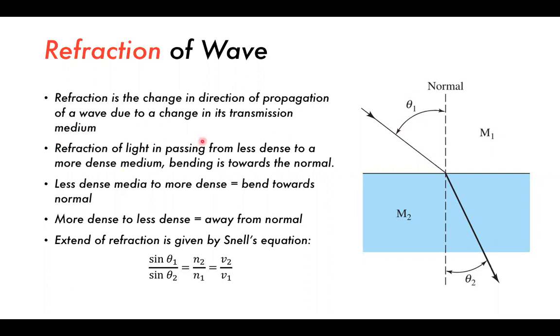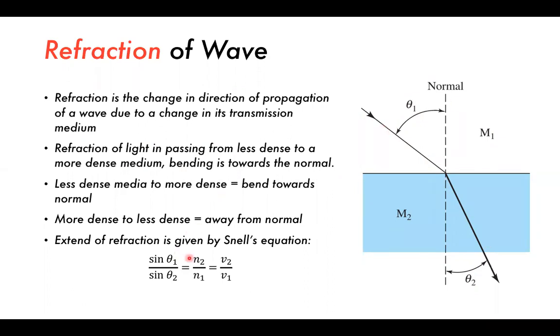So the refraction of light in passing from a less dense to a more dense medium results in bending it towards the normal. Less dense, more dense, bend towards the normal. More dense to less dense means bending away from the normal.